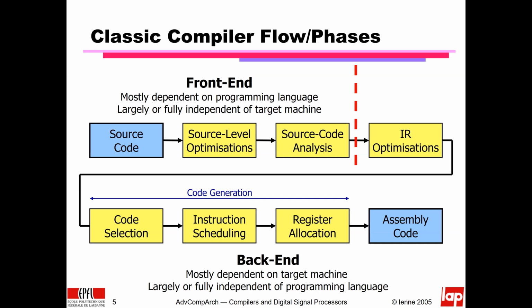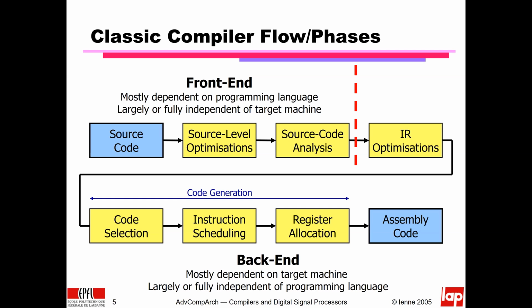Well, these are a little bit different languages, maybe, because they don't compile into assembly, but Fortran and C maybe are good examples. On the other hand, the backend is increasingly dominated by the target machine, by the fact that we need to produce assembly code for a given, very specific machine.